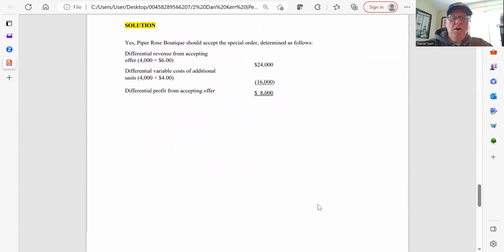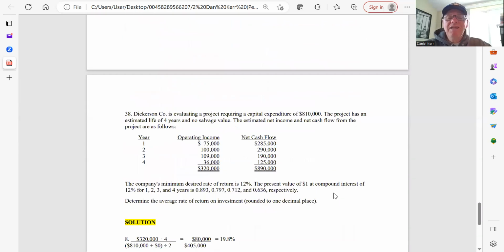And the last one, and I noticed a couple of you who missed class got this one wrong, that's the disadvantage of not coming to class, because in the class where I briefed everybody on the exam, I said, please highlight this last line here: determine the average rate of return. They also said there may be some stuff in here that you don't need.